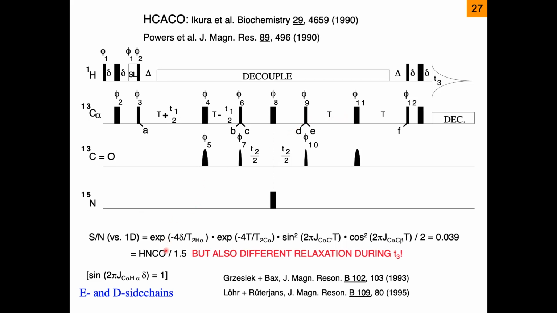You see, the efficiency, when you do the same calculation, is about 2/3 of the HNCO. So nowadays it's not used much anymore, but it's actually pretty useful to get side chain carboxylates in aspartates and glutamates. So it's very efficient there.